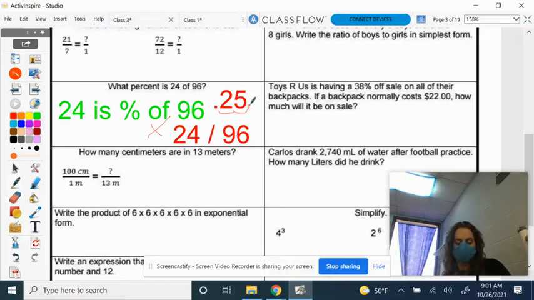So that's how I got 25%. Yeah, that may have been a little bit more difficult since you didn't start with the 25%. But if you were trying to figure out what is 25% of 96, you're right. You would have just divided it by 4 and ended up with 24, because 25% goes into 100 4 times, just like quarters.